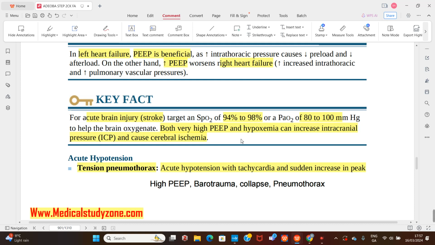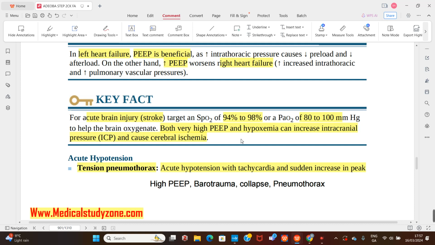So both very high PEEP and hypoxemia can lead to increased intrathoracic pressure and cause cerebral edema, because high PEEP can lead to barotrauma. High PEEP can rupture the alveoli, and when they rupture, that is a hypoxemic insult automatically. And when there's hypoxemia, the cerebral vessels will start dilating so that they can increase the blood flow.